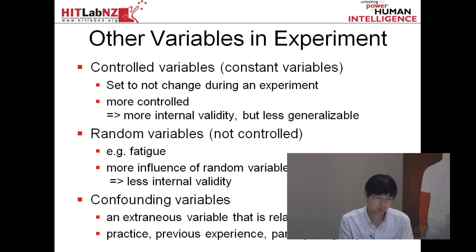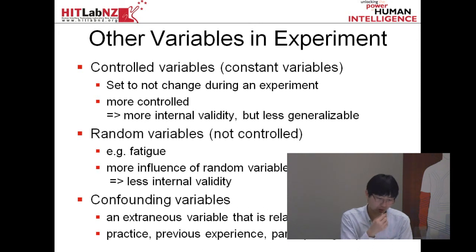And those variables that are left out, not controlled, are called random variables. The more random variables you have in your experiment, the more they might end up affecting your results, which could be a threat to the validity of your study. But again, it's a trade-off between those two.